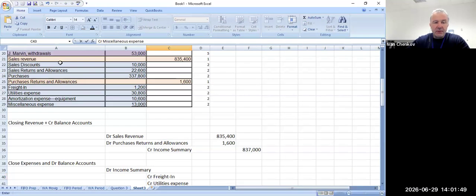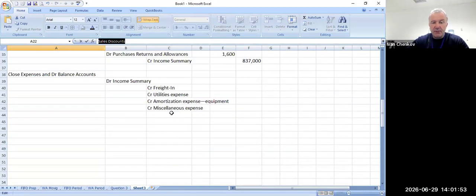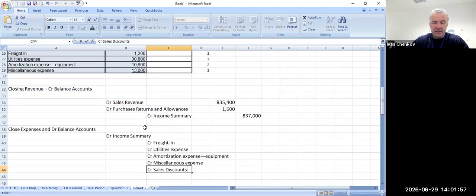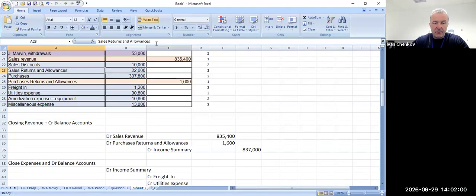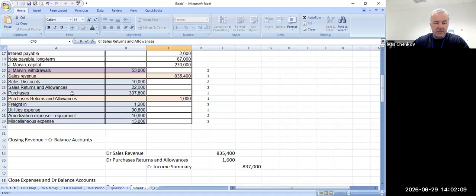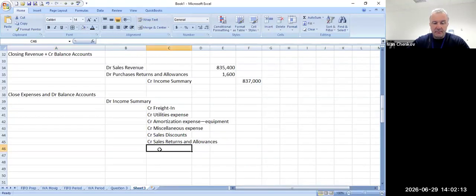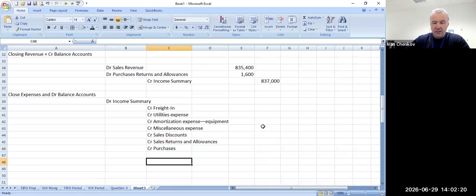And then we're going to close all those accounts with the debit balance, which we want to end up with zero balance. Sales discounts. We're going to close sales return allowances. And the last one, purchases. So let's put the amounts in those accounts.